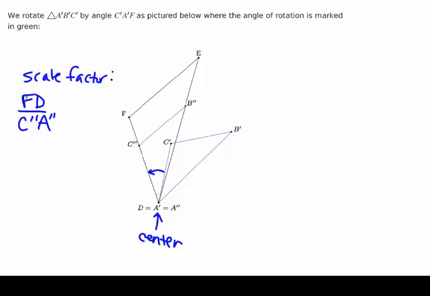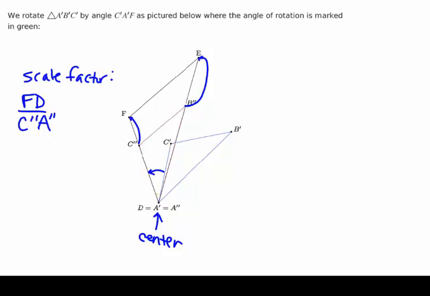And when we do that, C double prime will then line up with F, B double prime will then line up on E, and so we can use that to show that those two triangles would then lie on top of each other.